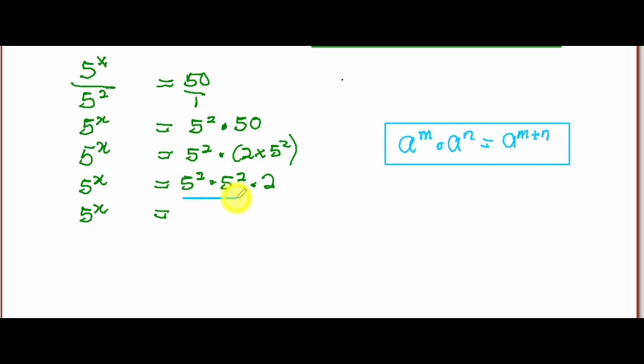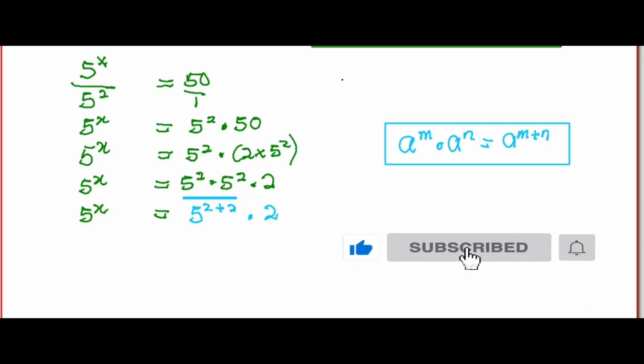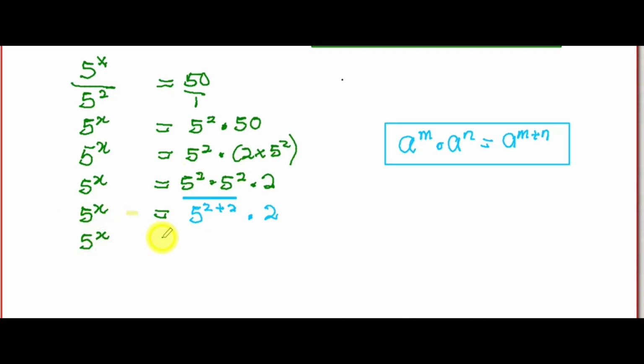So we have 5 raised to the power 2 plus 2 multiplied by 2, right? So we now have 5 to the power x equals 5 to the power 2 plus 2, which gives us 4, multiplied by 2, right?